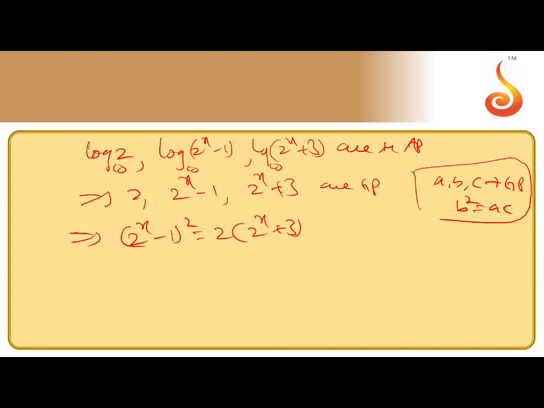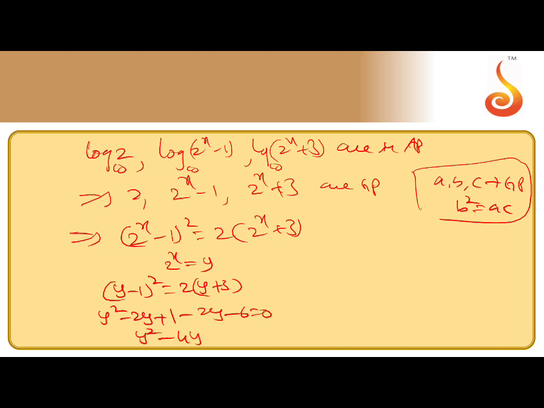Now when you solve this, there is an exponent 2 power x. Just take 2 power x equal to some y. This is nothing but y minus 1 whole square equal to 2 into y plus 3. So simplify: y square minus 2y plus 1 minus 2y minus 6 equal to 0. So y square minus 4y minus 5 equal to 0.